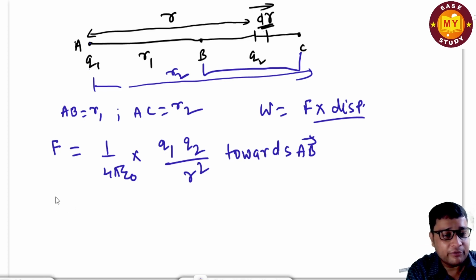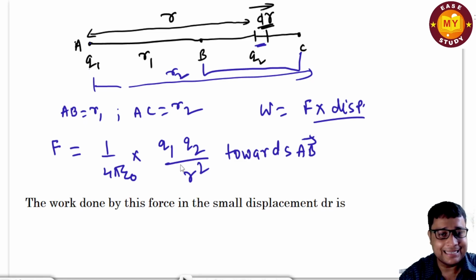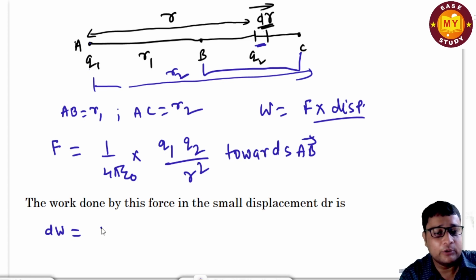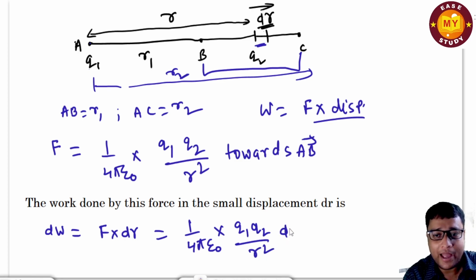So now if I want to find the work done in displacing a small distance dr, how will you find it? The total work done in the small displacement dr, what will it be? For a small displacement our work will also be small, dw. Now if you want to find dw, then it is the force into a small displacement dr. So 1 by 4 pi epsilon naught into Q1 Q2 by R square into dr. Now this is the small displacement.